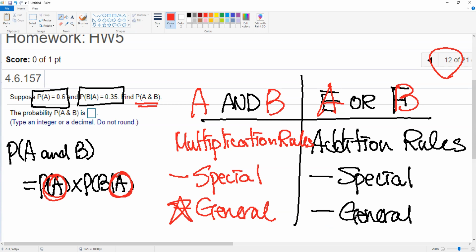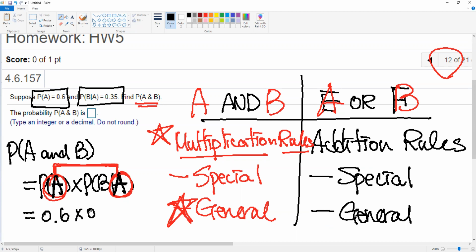So now this number 12 is a very simple example to apply the general multiplication rule. Yeah, simply just multiplication. But you have to know the single event of A must be given in the conditional probability. So now I just take the multiplication, 0.6 and 0.35.